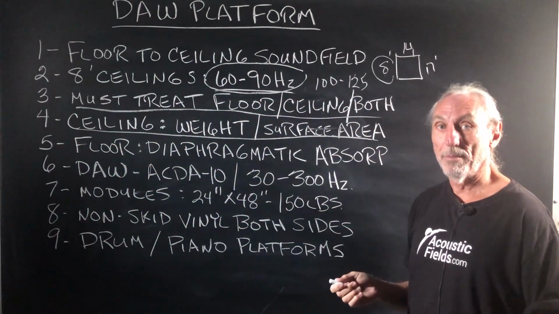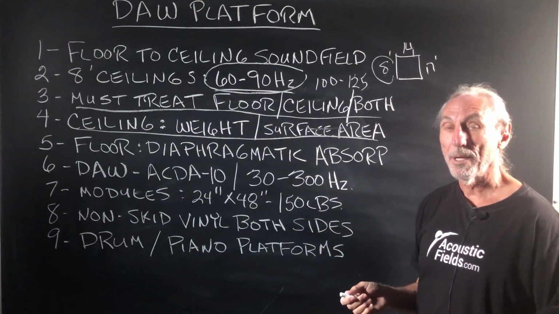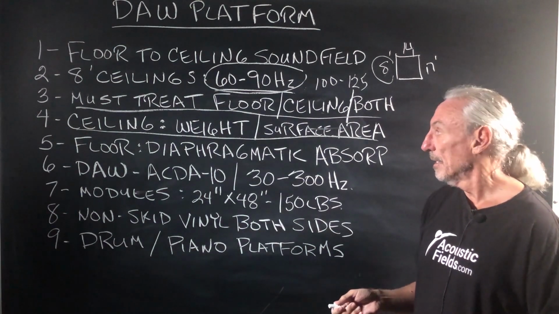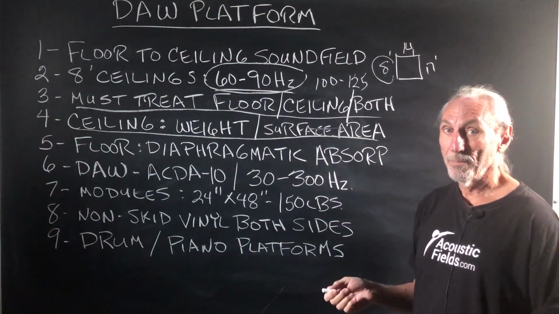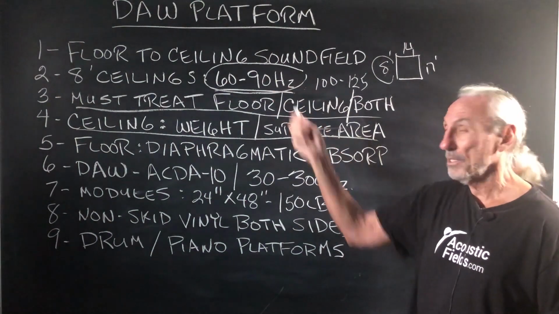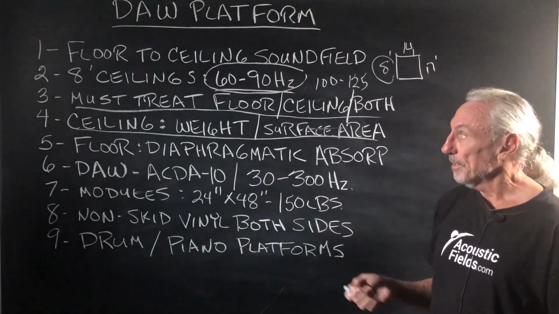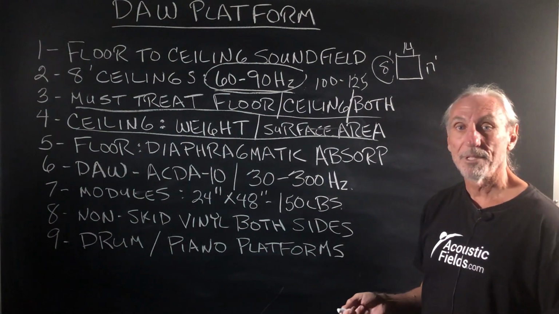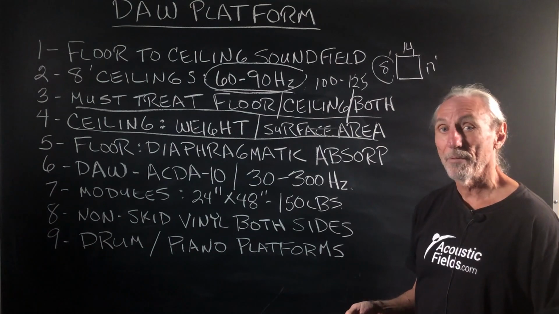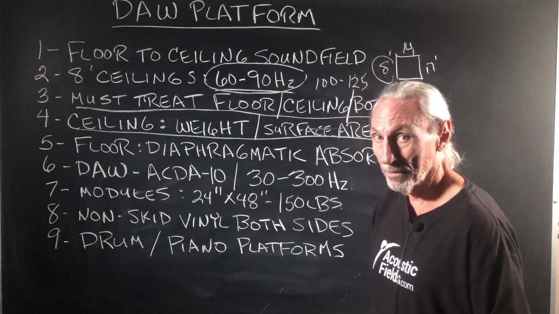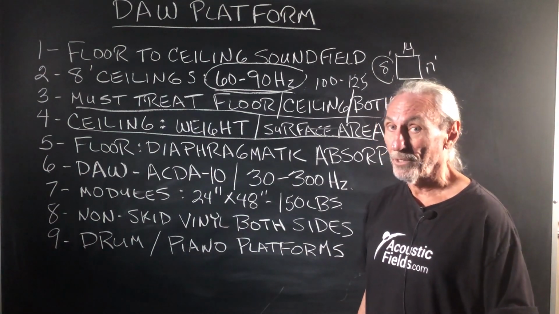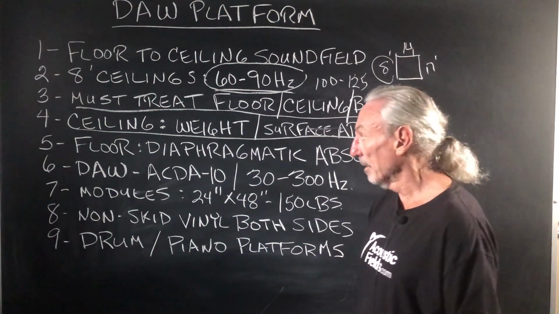The ceiling is a problem because it won't support a lot of weight in most rooms that we see. And we've got to have a lot of surface area coverage. So ceilings are going to be an issue when we're dealing with 60 to 90 cycles, because we're dealing with absorbers that weigh 75 to 100, 125, 150 pounds maybe in some cases that work. All right, not boxes filled with building insulation. Products that really work.